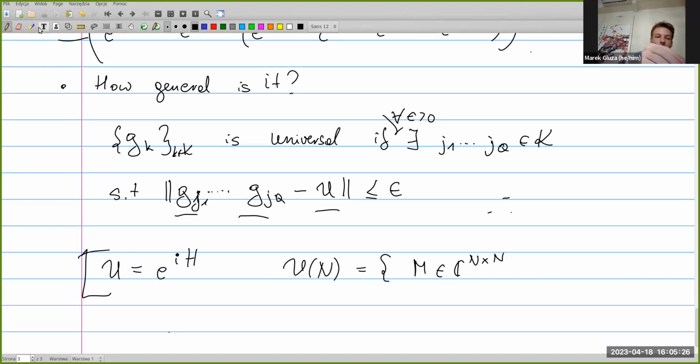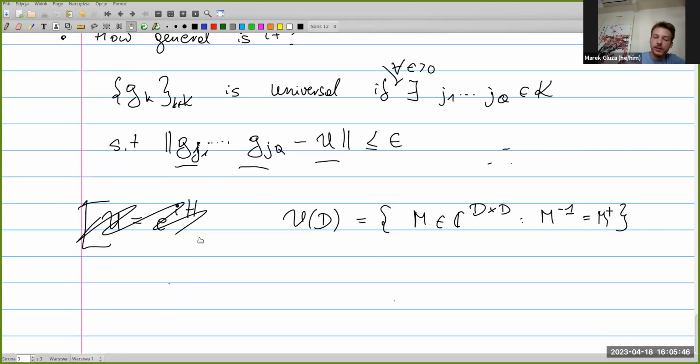Okay, maybe I should be using D, because N today is how many Trotter steps I'm using, such that M inverse is equal to M dagger. That's one way of saying this. And then I can erase this.